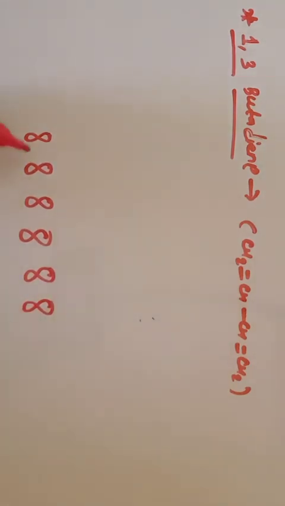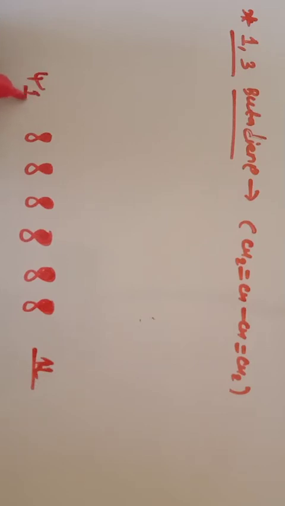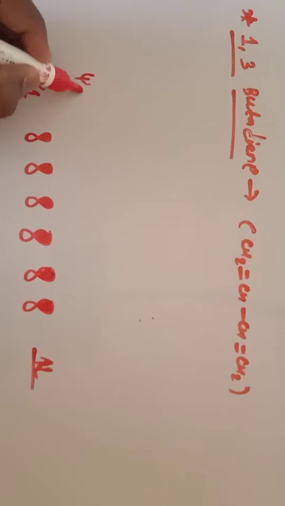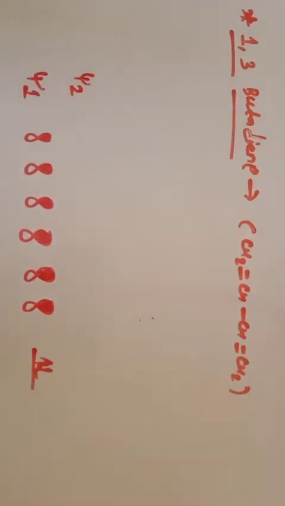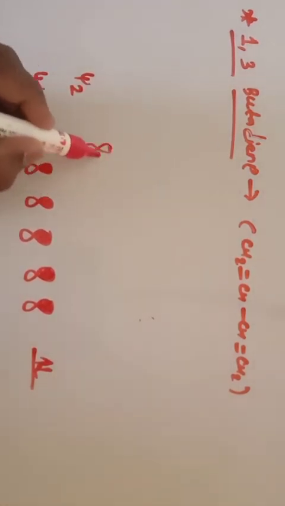All p orbitals of carbon atoms are in the same phase, so they are involved in bonding interactions, and therefore this is your bonding interaction. 2 electrons go here, this is your psi1, so there should be no node. Then psi2 should be there. Again it is a symmetric molecule. Psi2 means there should be only one node. So we can represent one node like this.